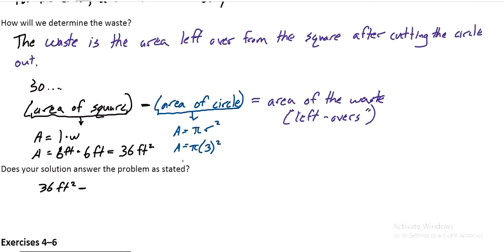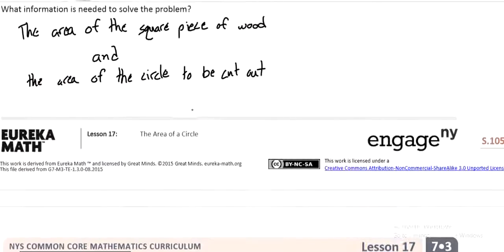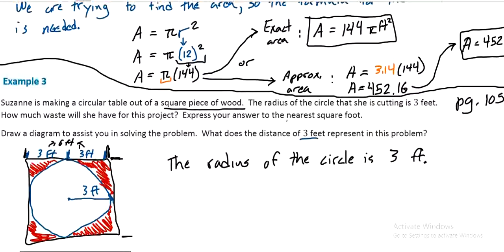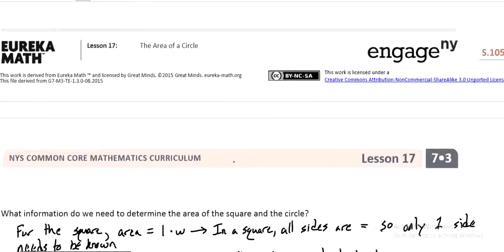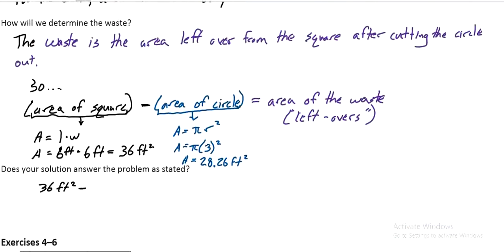Okay, if we keep going, area will equal 28.26 feet squared. And the reason I stopped at 28.26 feet squared is because it says up here, express your answer to the nearest square foot. So we're kind of rounding here. I'm using 3.14 for pi.